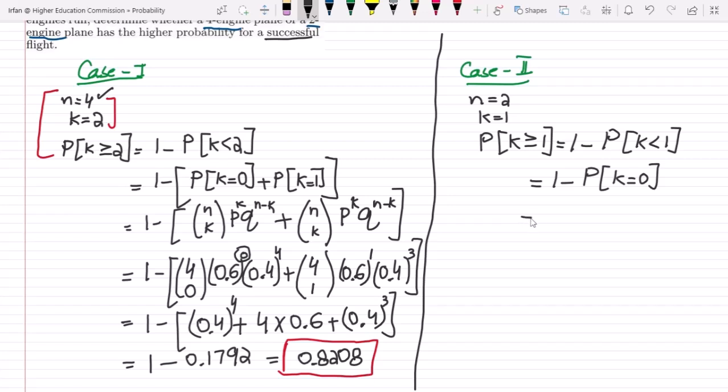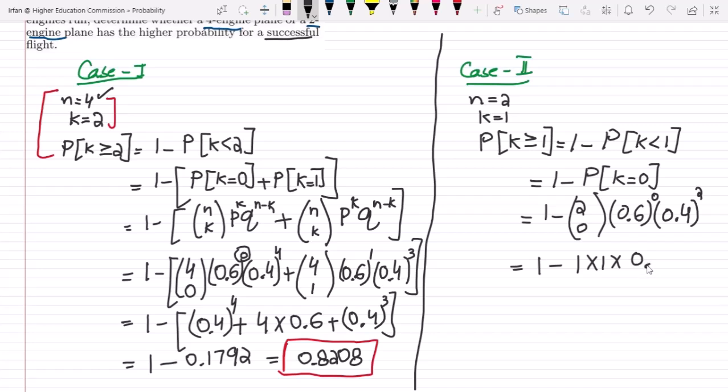Using the binomial probability law again, n is 2, choose 0, and the probability of success remains the same, 0.6 to the power k, and 0.4 to the power n minus k, which is squared. So 2 choose 0 is 1, 0.6 to the power 0 is also 1, and here 0.4 squared.